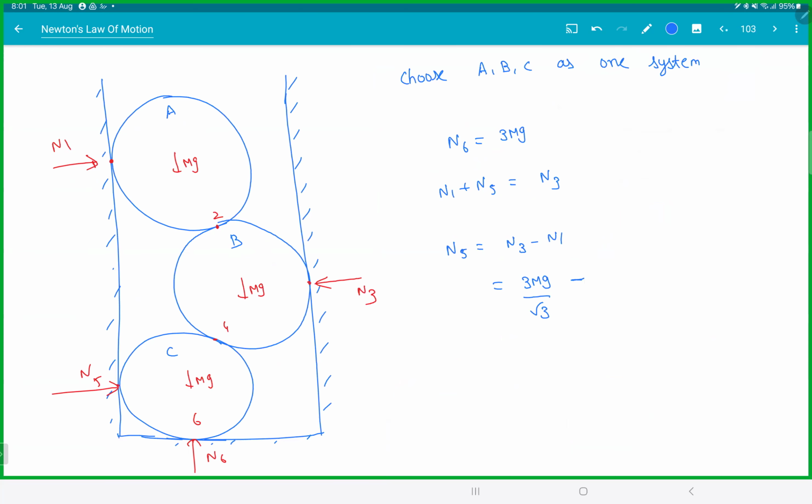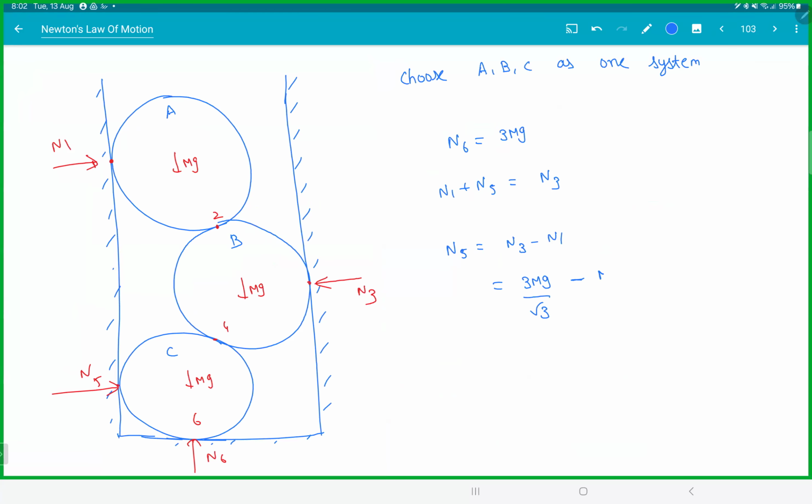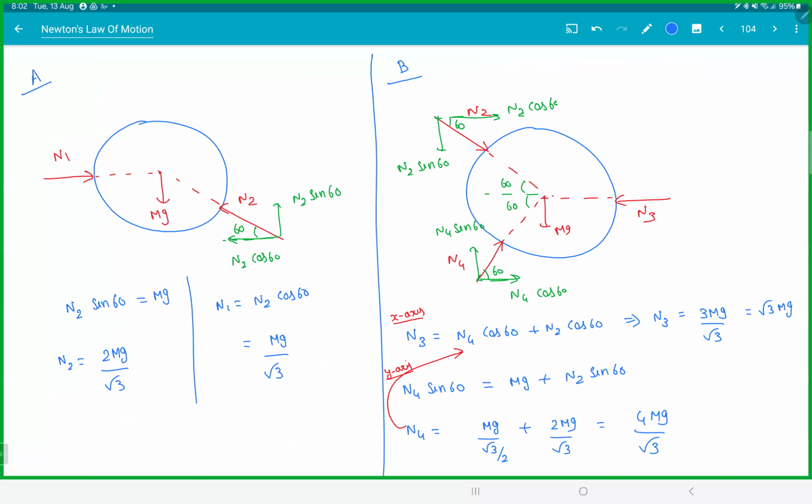There's no need to draw C ka FBD, you know the overall thing. So N1 is mg by root 3. N5 is 2mg by root 3. There, you got everything. Please check this thing. Draw your FBD, resolve the forces, equal horizontal, equal vertical, solve.